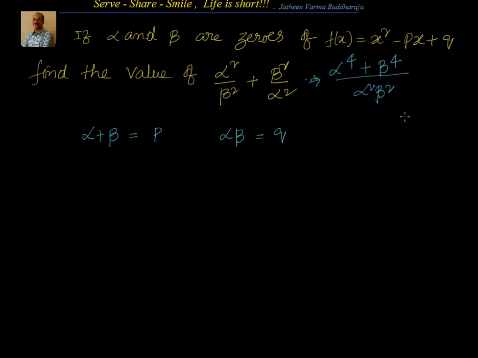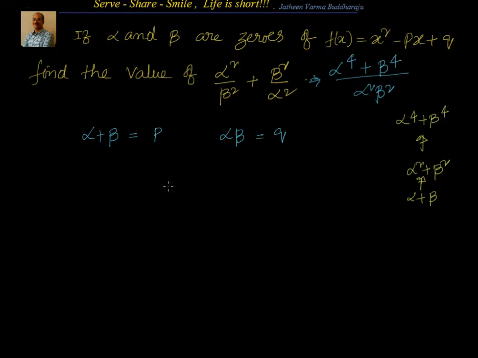For that, our approach will be to first start with alpha plus beta, then we'll find alpha square plus beta square, then we'll find alpha to the power of 4 plus beta to the power of 4.